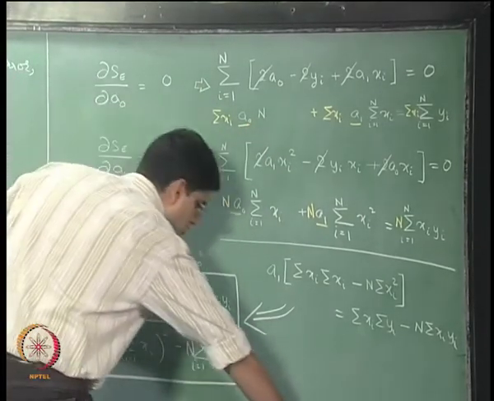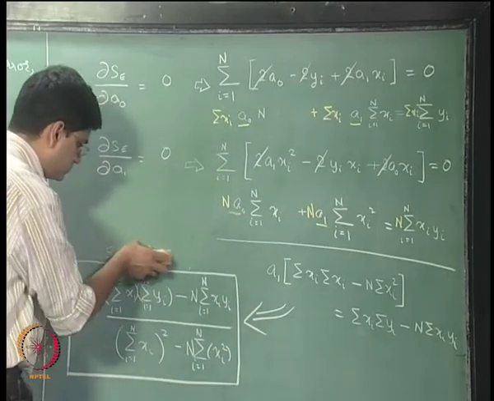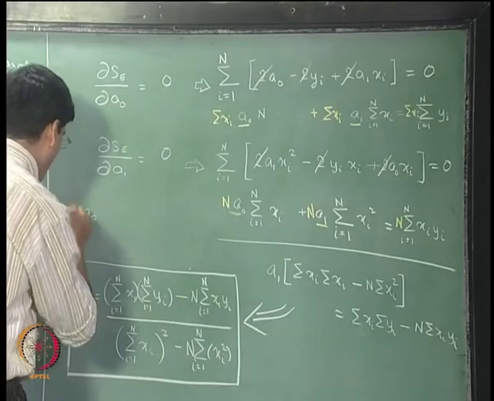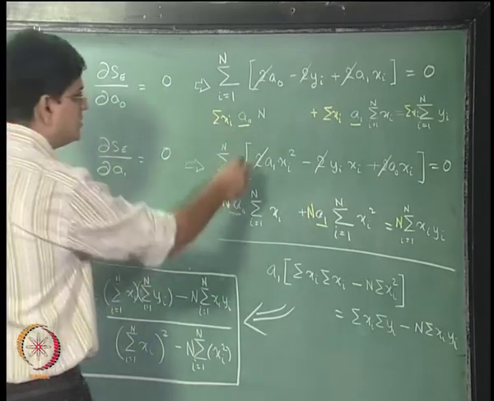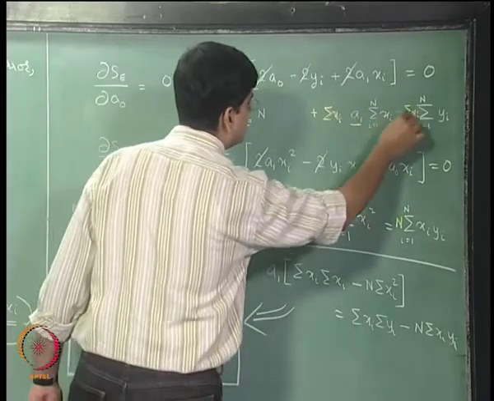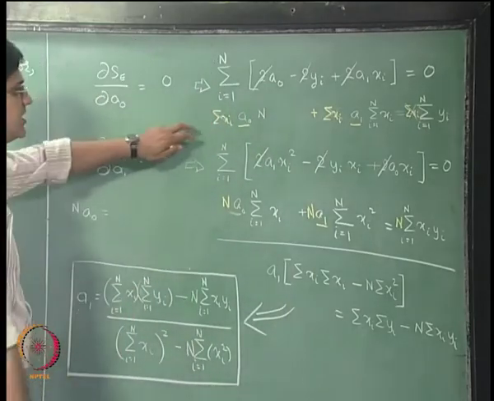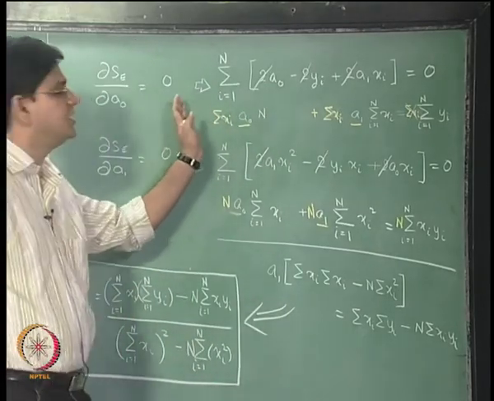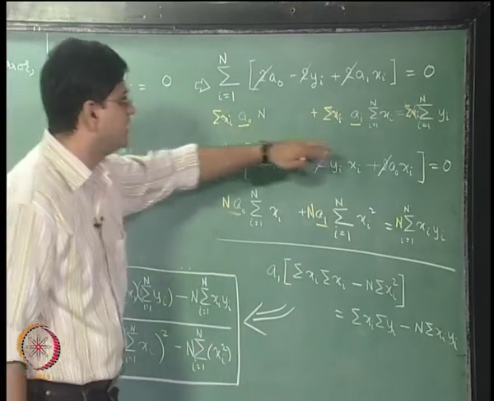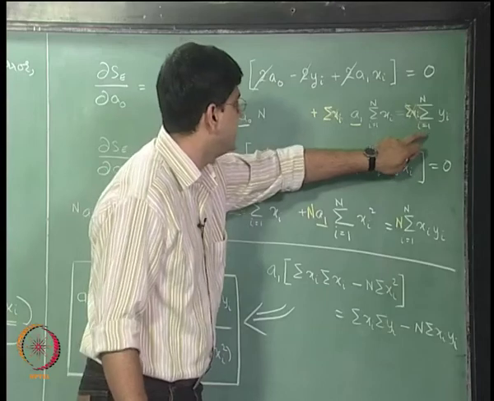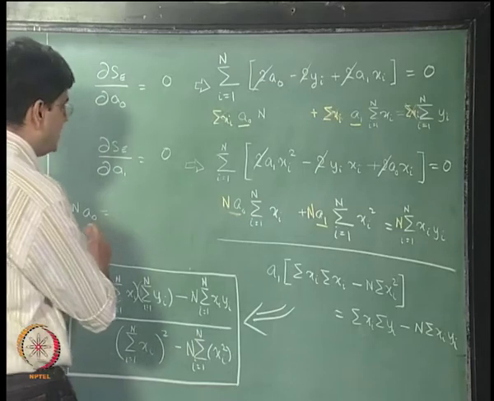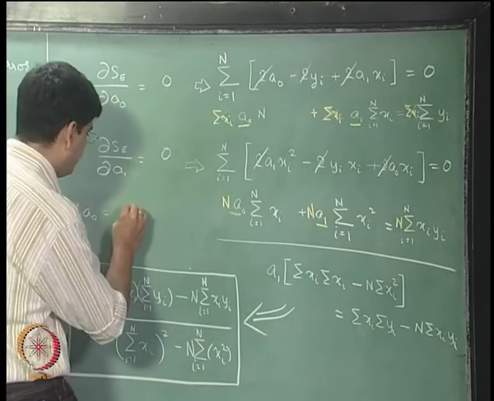So, our A0, n times A0 is going to be, so just ignore these yellow terms over here, because remember these yellow terms had come because we had multiplied this entire equation with summation xi. So, ignoring these yellow terms, what you will get is summation of yi minus A1 times summation of xi is going to be equal to n times A0.